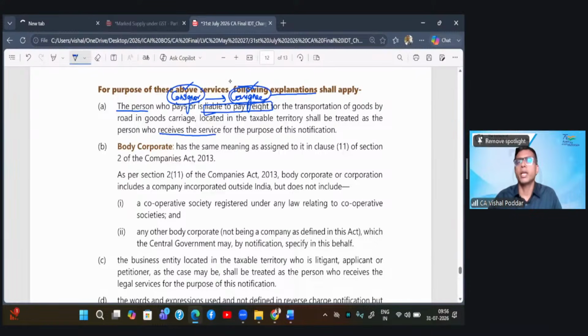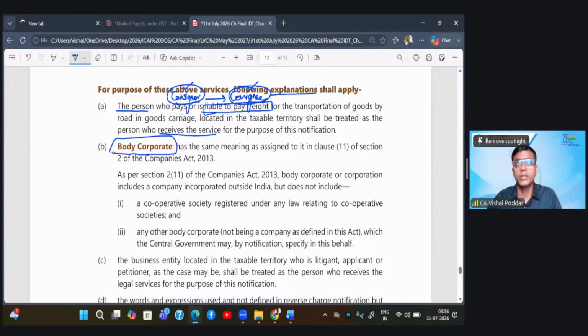But if the consignee is liable to pay the freight, the consignee becomes the recipient and the RCM on GTA service will be paid by the consignee. So whichever of them is liable to pay the freight will also be liable to pay the GST under RCM.